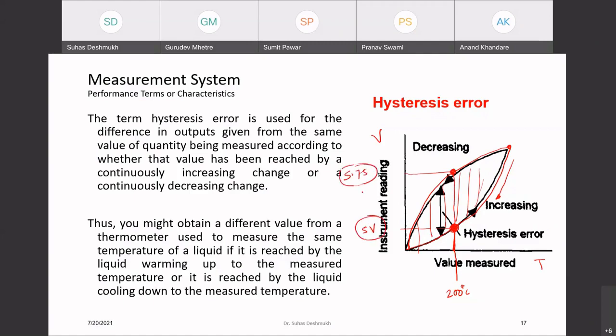So this gap is a big gap, and that is what is called the hysteresis error.